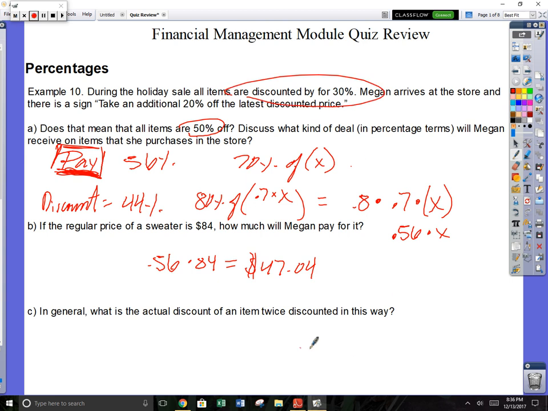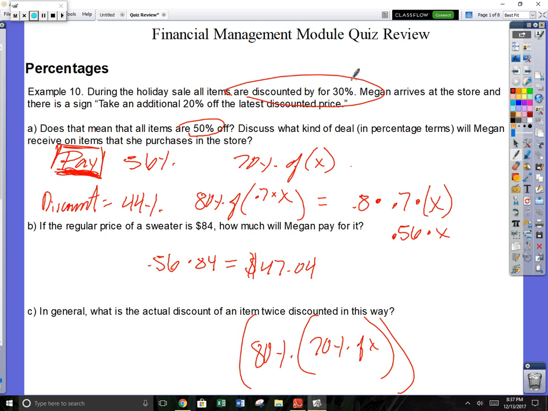The original was 30% off, so you're going to pay 70% of X. That's your first move: times your X by 70%. Then take your second discount, and if it's 20%, you are paying 80%. And if there were a third, say take an additional 10% off of that latest discounted price, you just keep going.